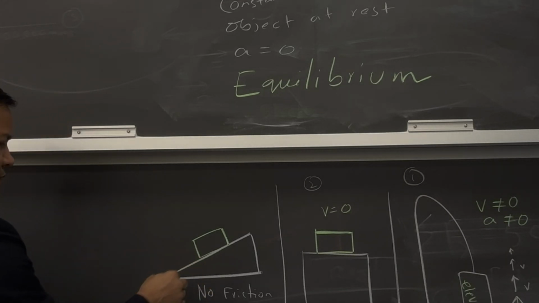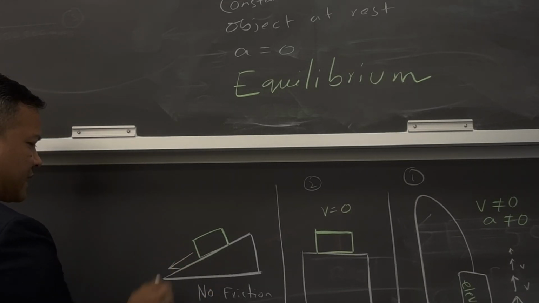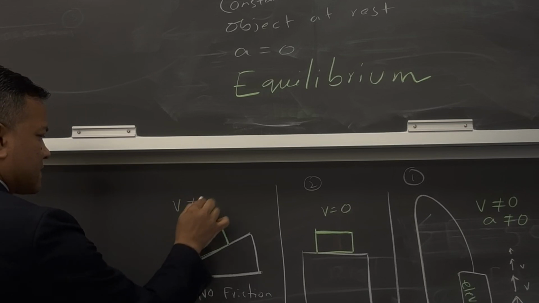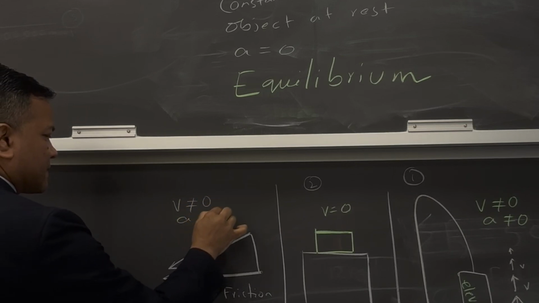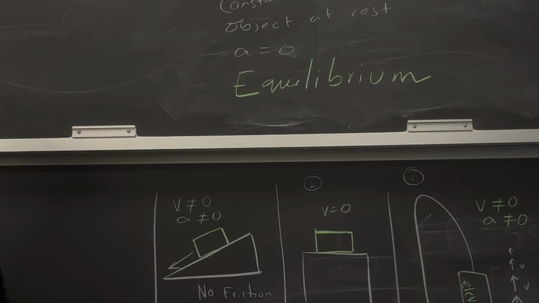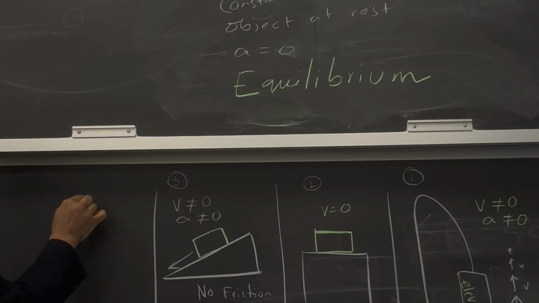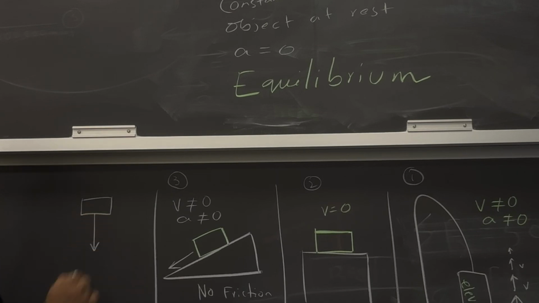Even though there is no friction, the box is accelerating. So velocity is not 0, acceleration is not 0. And the last one is an object in free fall. When an object is in free fall, net force is not 0, acceleration is not 0, and velocity is not 0.